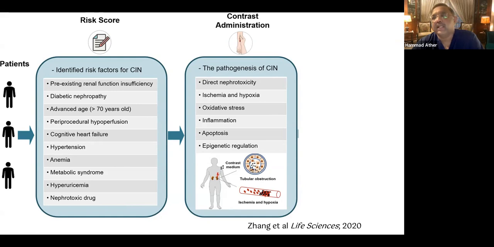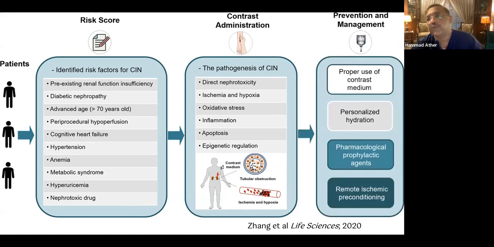Obviously we see that it is seen in some individuals and not in all. So some have epigenetic regulations of these phenomena, which can cause problems.